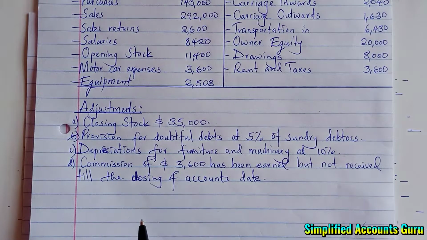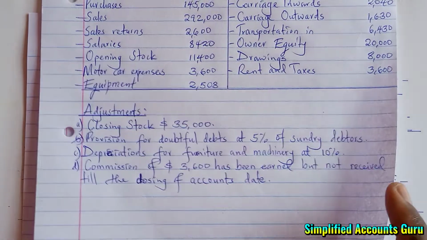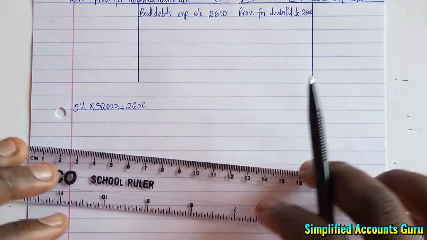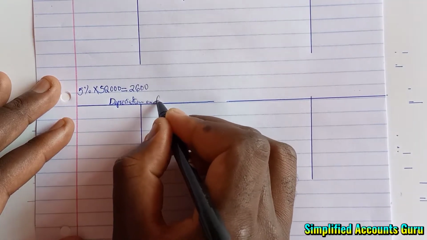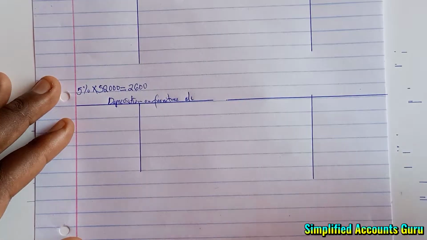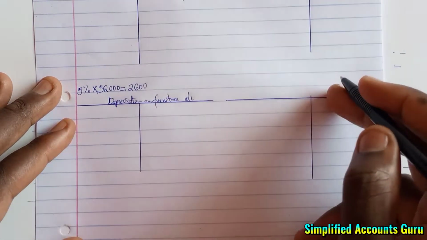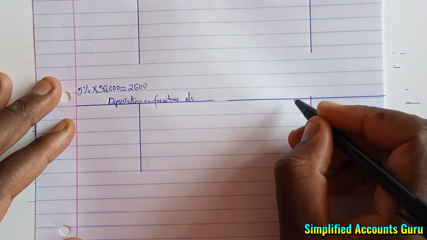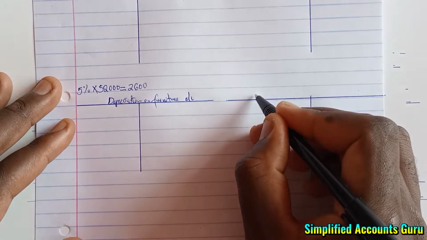Then we go to another one called depreciation for furniture and machinery at 10%. So we can also develop some accounts here. Depreciation on furniture account. Some would also prefer combining the two together, but for me, I would advise that we do them separately so that at least we can understand how they are moving. And then you also have here provision for depreciation on furniture.